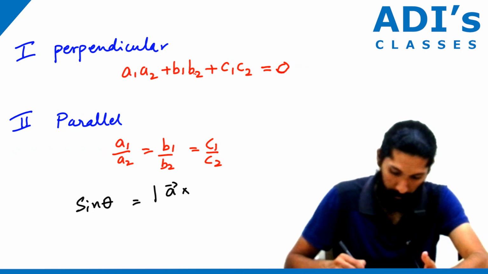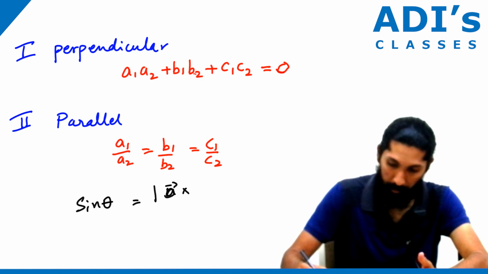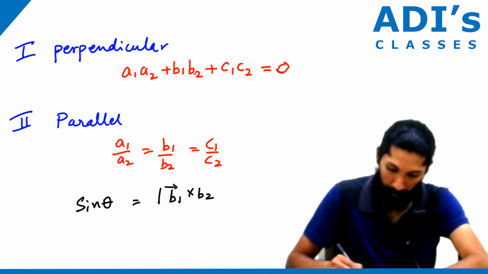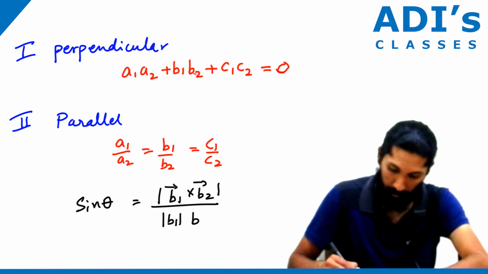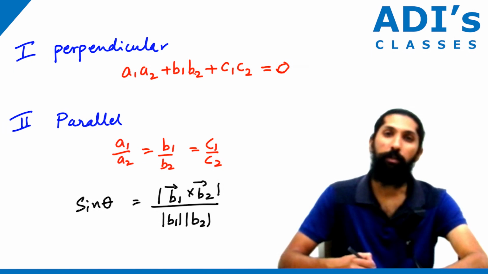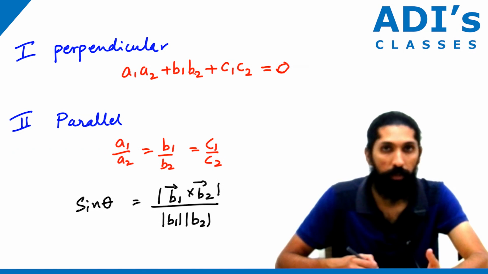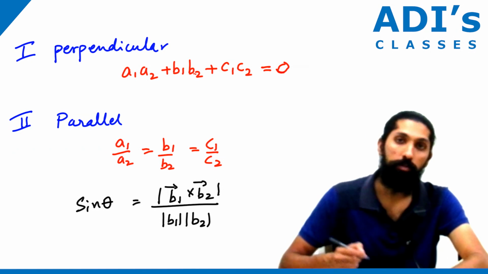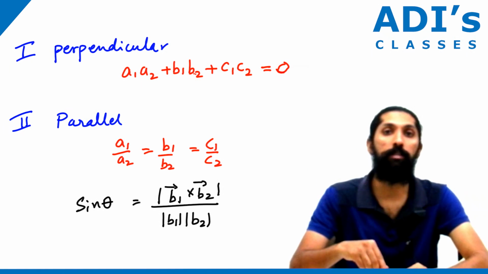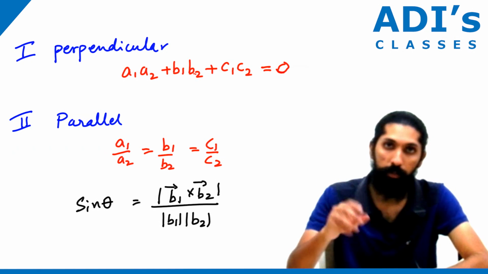So sine theta is mod of B1 cross B2 divided by mod of B1 into mod of B2. This also you can take, but doing a cross product is a little more difficult compared to a dot product. So that's why always prefer dot product. Fine. So this is how you find the angle between the two lines.